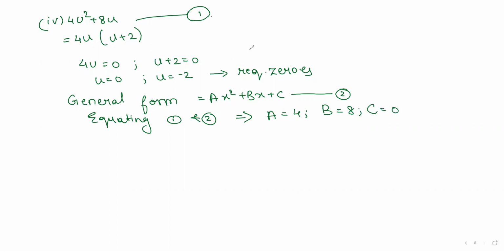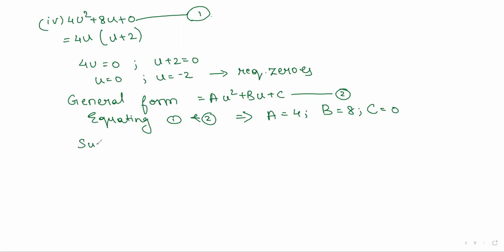Now, let me change the variables and consider variable x, but in the given question, the variable given to you is u. Here, constant is not given, so we can easily write plus 0, and the C value is 0.